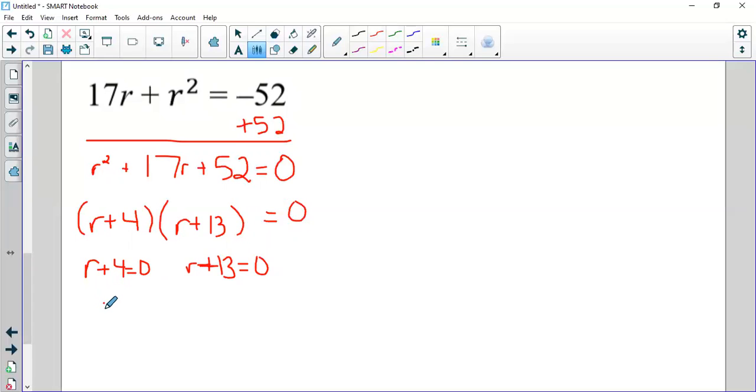So I'll subtract 4, and r will equal negative 4. And I'll subtract 13, and r equals negative 13. So written in the proper order, from least to greatest, r could be either negative 13 or positive 4.